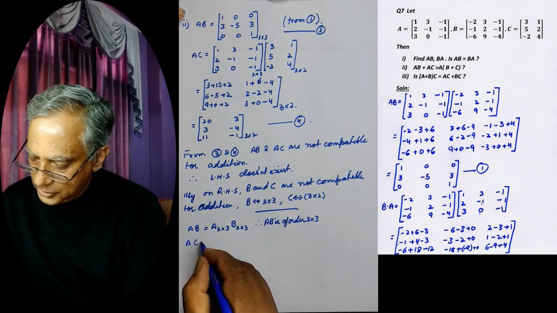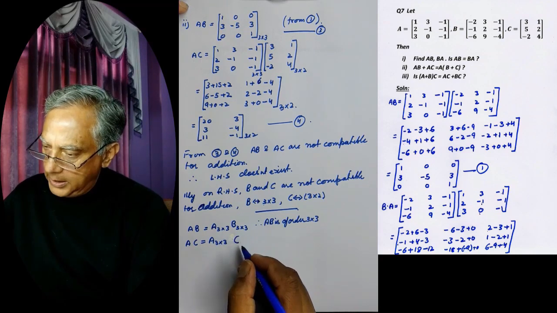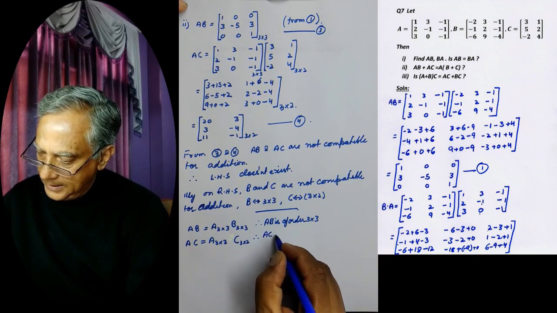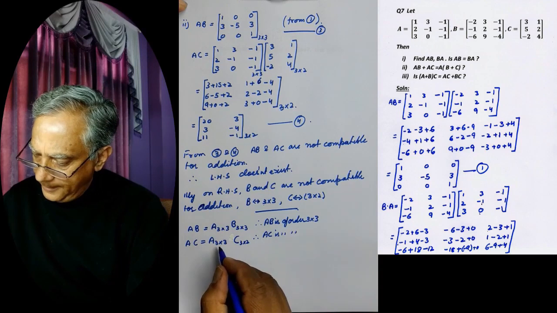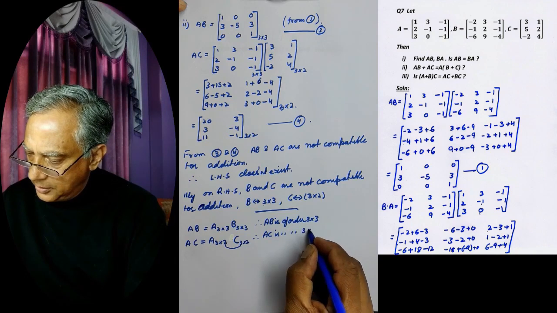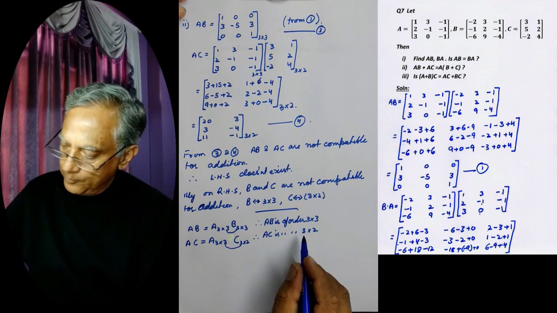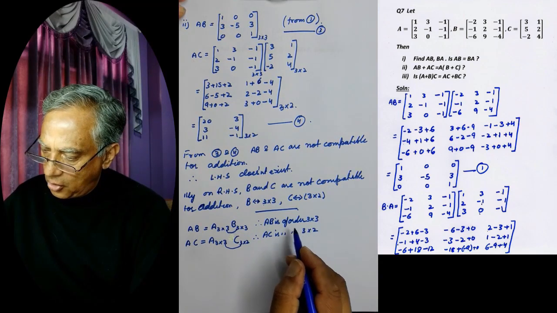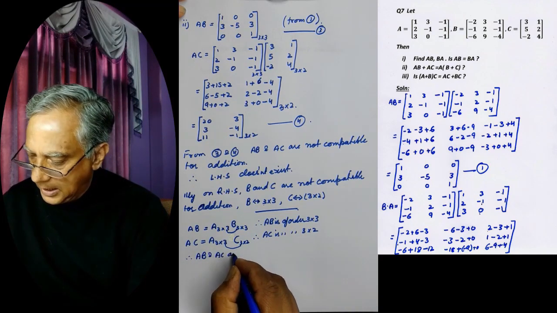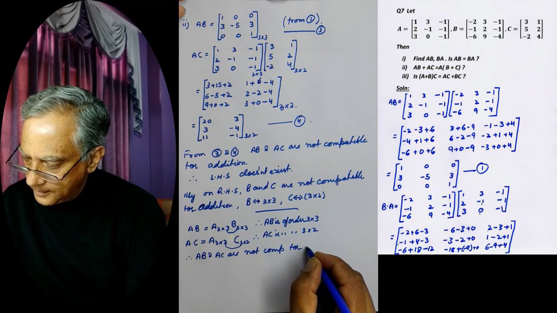And AC: A is of order 3 cross 3 and C is of order 3 cross 2. Therefore, AC is of order, now this is the compatibility condition, the result will be 3 cross 2. Here, this is the compatibility condition, result will be 3 cross 3. So this is 3 cross 3 and this is 3 cross 2. Therefore, AB and AC are not compatible for addition.